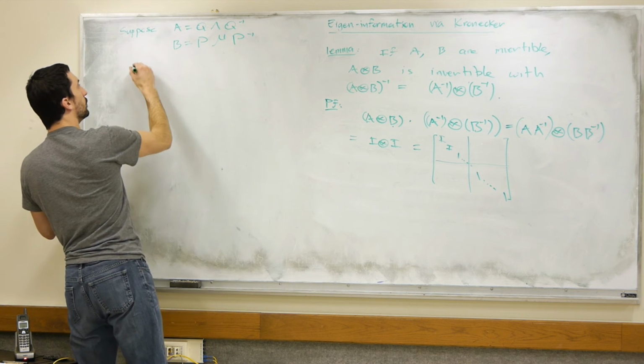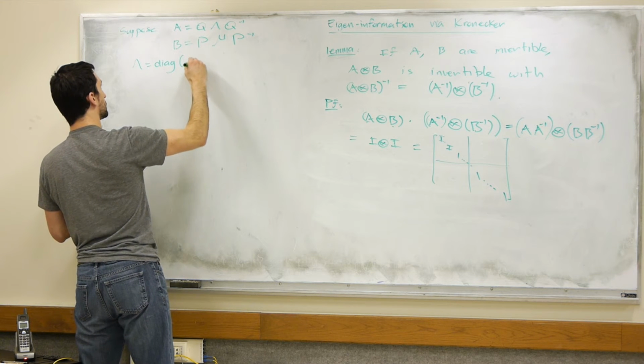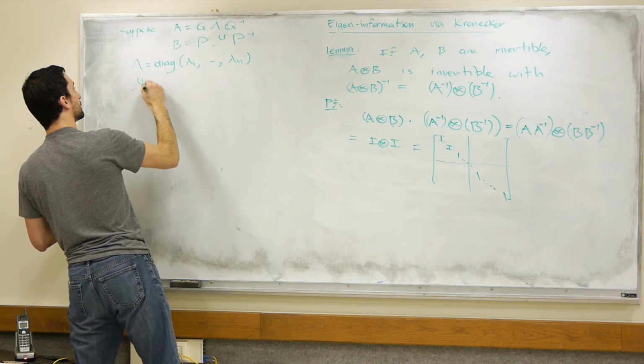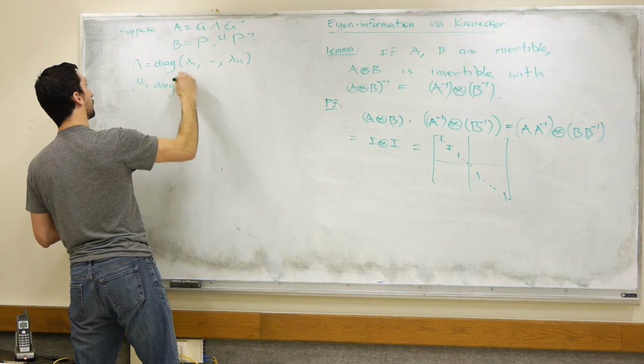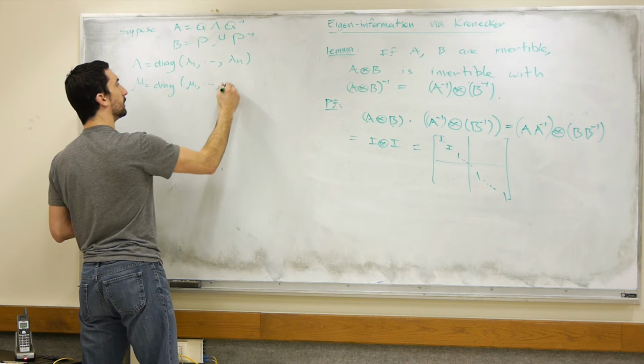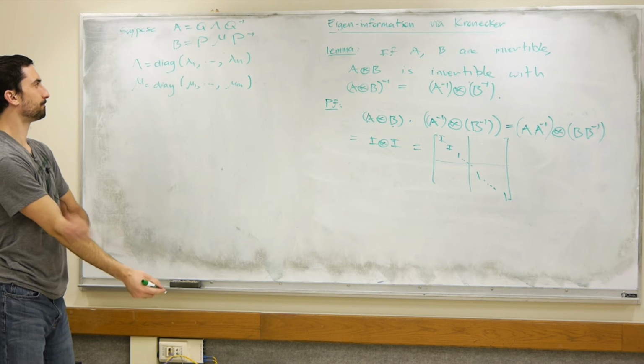And lambda and mu are each diagonal matrices of whatever dimensions. I'm using a tall mu for a capital mu. So we'll say B has dimension m by m.